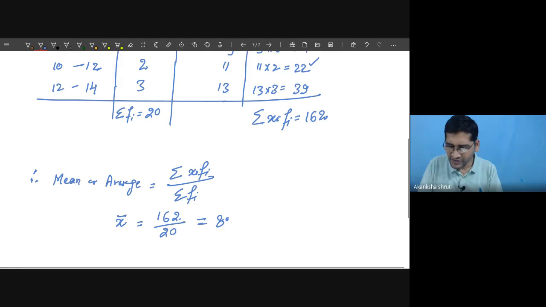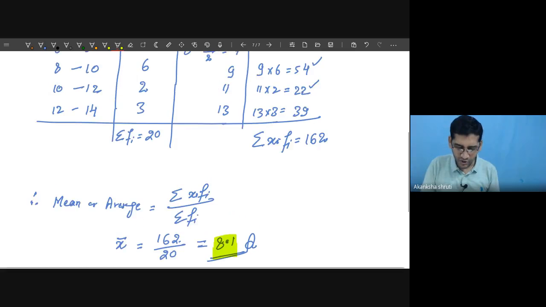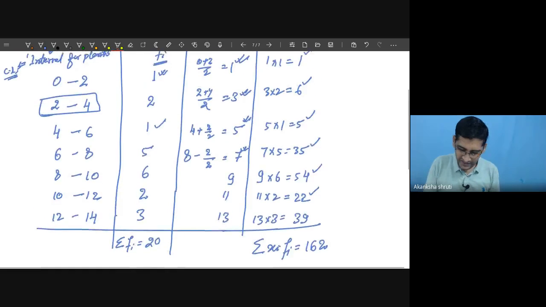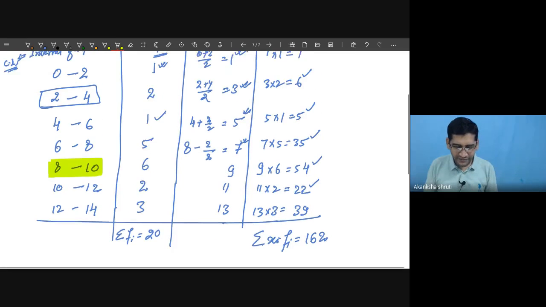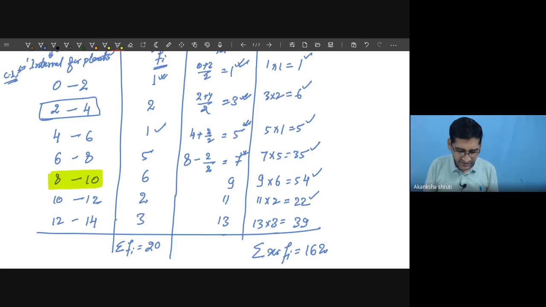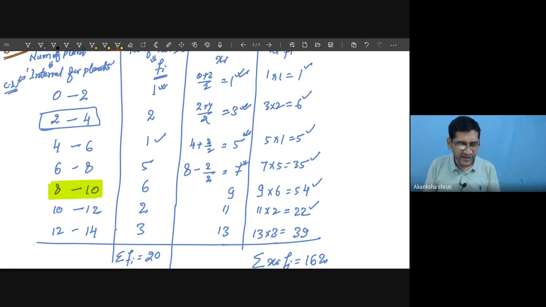So 8.1 is the answer. Where is this 8.1 lying, student? Can it be in the frequency column? No, student. It is lying somewhere here. Why has this drifted downward, student? Not in exactly the middle.